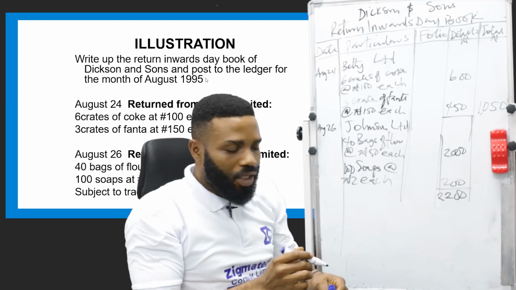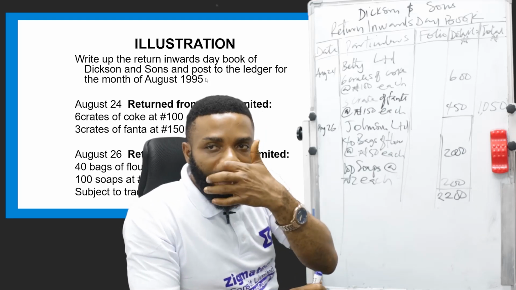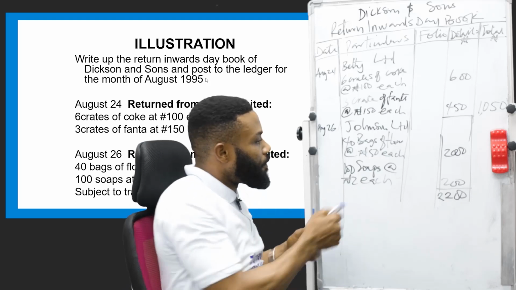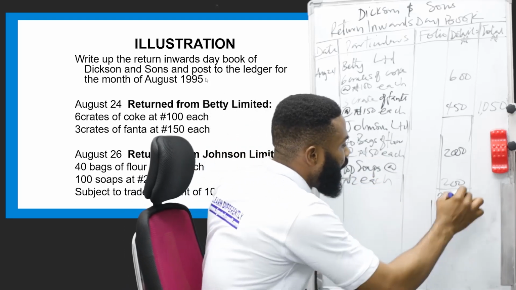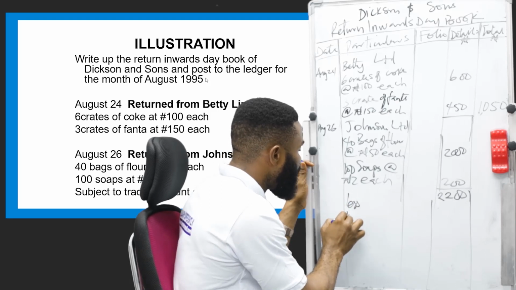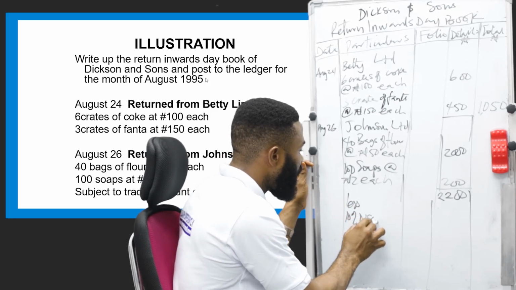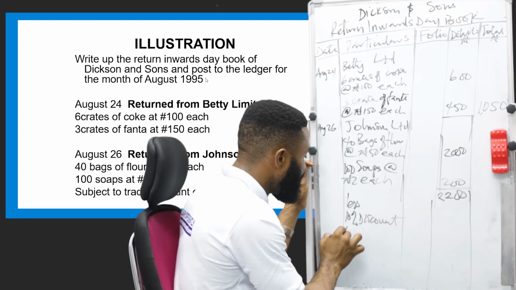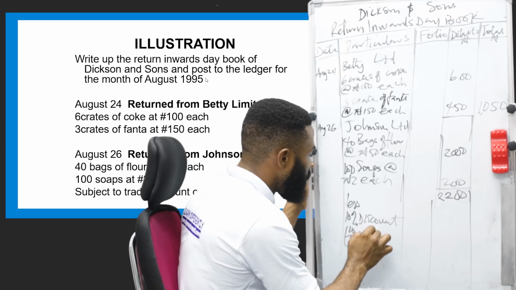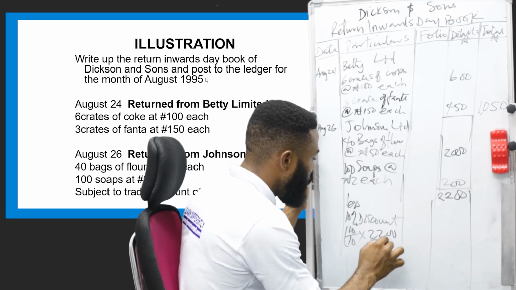The reason is because this one is subjected to a 10% discount. So you come down and then you write less 10% discount.